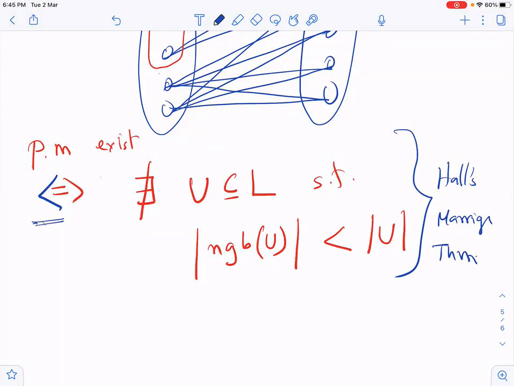So in other words, I'm saying that if there doesn't exist any such U such that the neighborhood of U shrinks, okay, I can call this particular expression neighborhood of U shrinks, so the size of the neighborhood of U is less than the size of U. In that case, we can say that a perfect matching exists.